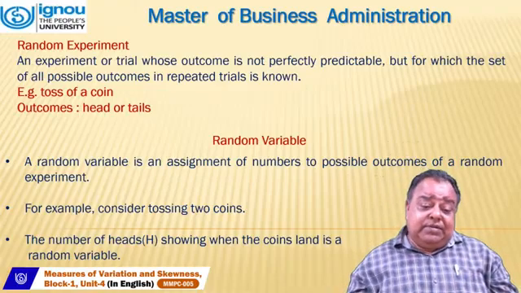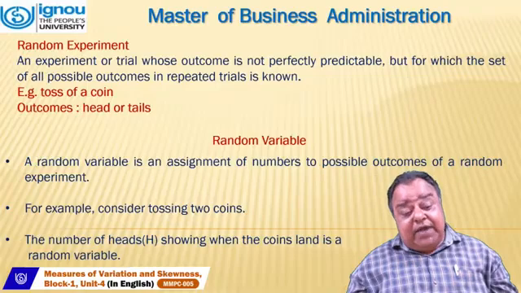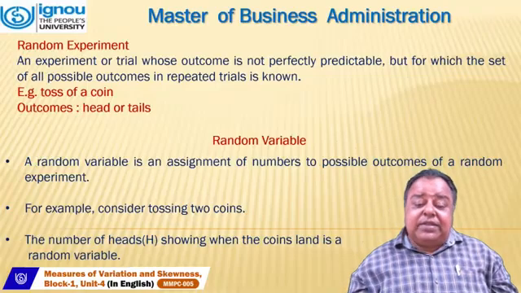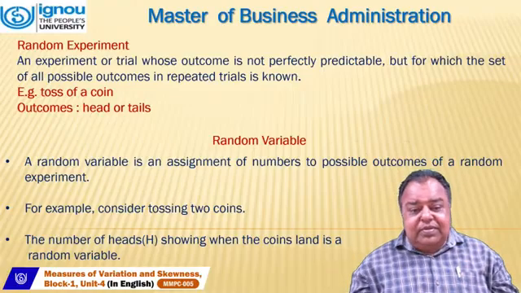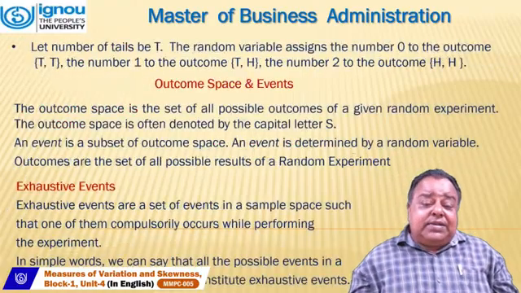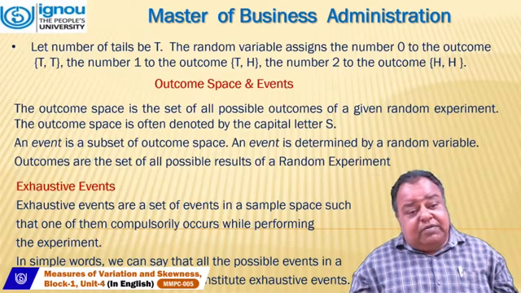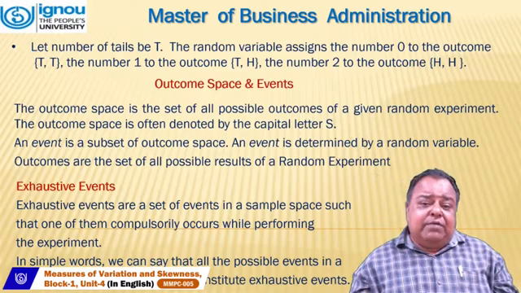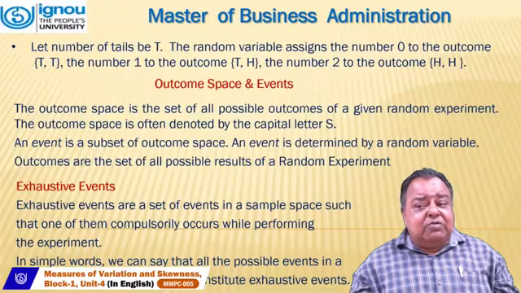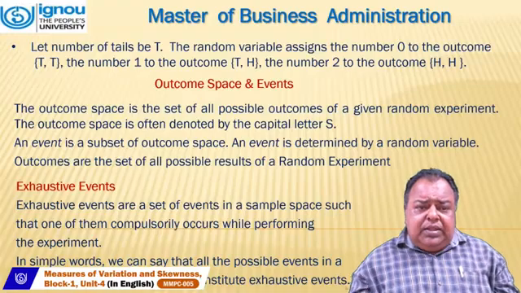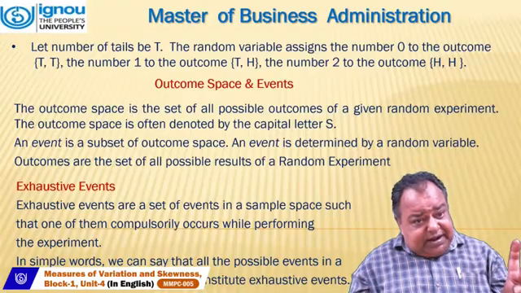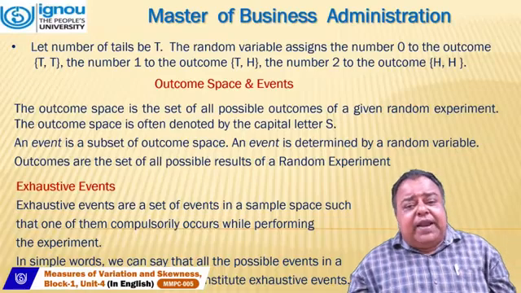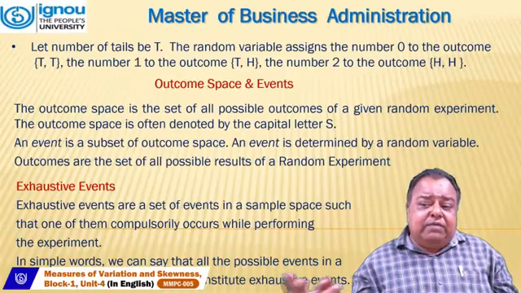In that case, we have to find the number of heads when the two coins land. If we count the number of heads, the random variable assigns the number 0 to the outcome TT, the number 1 to the outcomes TH and HT, because in that case one head is there, and the number 2 when there are two heads.